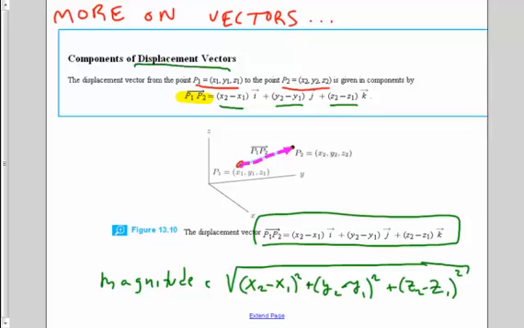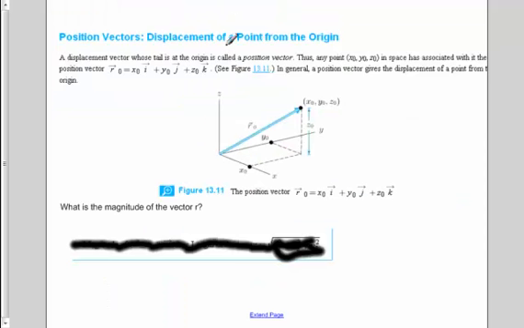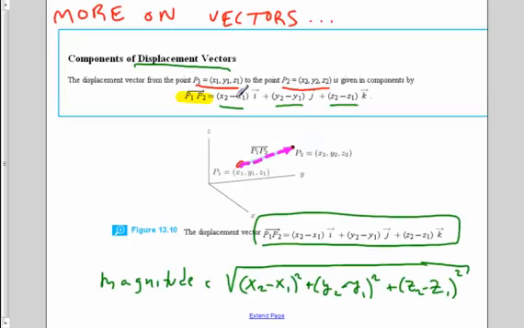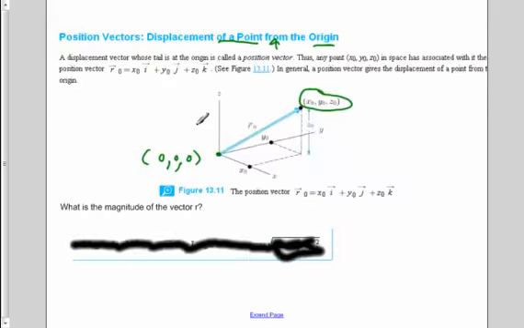And a special displacement vector, a very unique one, is the displacement vector that is between a point and the origin. So it's the displacement of a point from the origin. So in other words, we've got some point here and the origin. And this is just a special case of what we looked at here, 2 different points, only now one of our points is the origin.